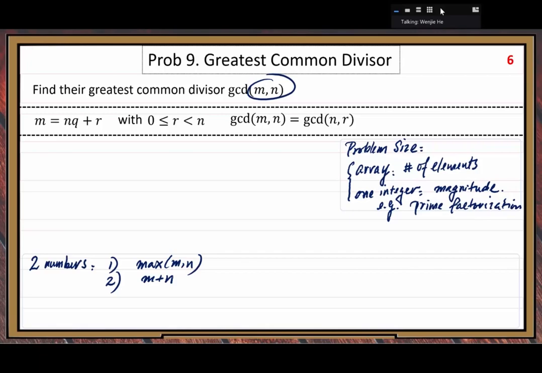Also reasonable. But here it's not important, because with any of the definitions, first one or second one, this formula reduces the problem size without any question.